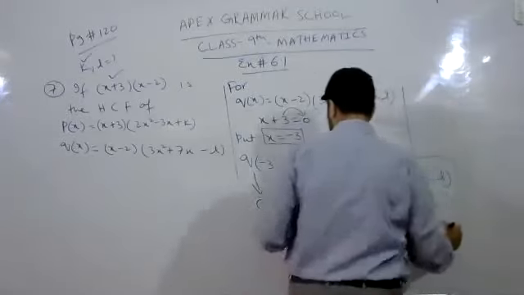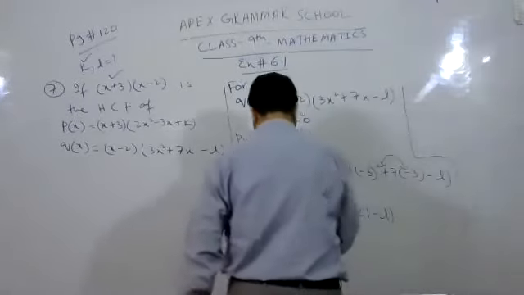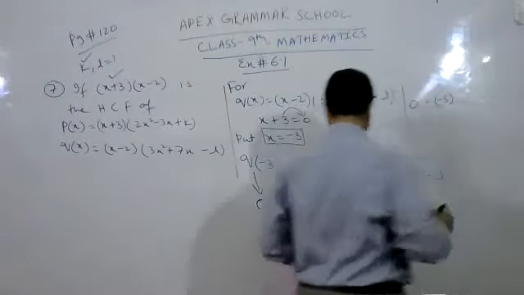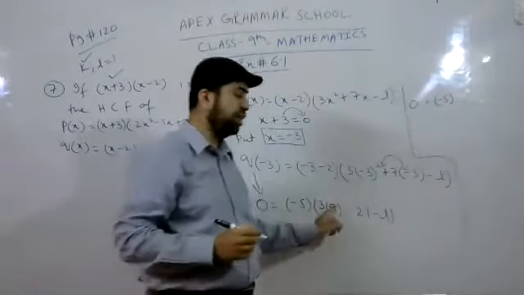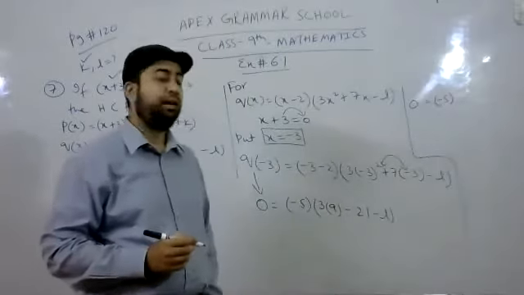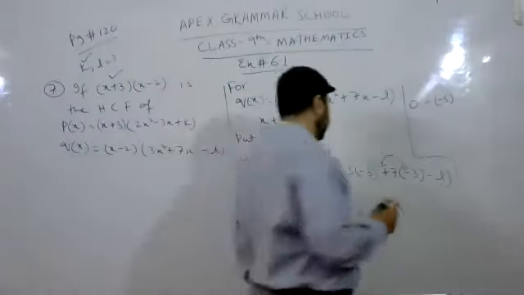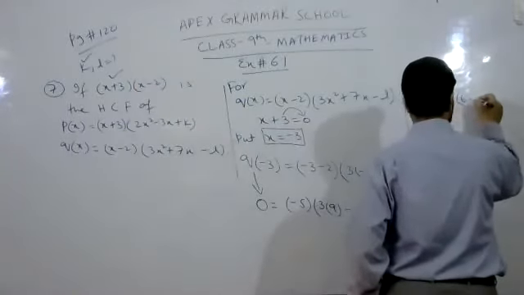So 0 is equal to minus 5 into (27 minus 21), that makes 6, minus L.